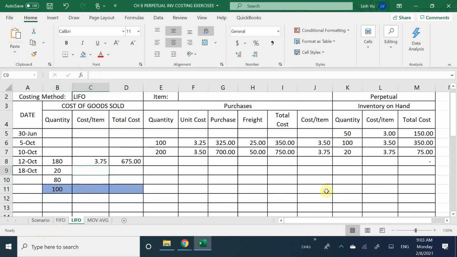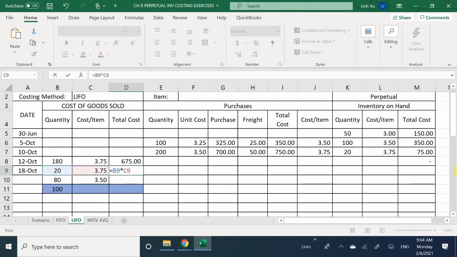Okay. So if I'm going to get rid of my whole entire 20, I'm dipping into my middle batch, or my second batch, here. And again, I'm going to multiply them across. So what is my total cost of goods sold for my second batch here for the 80 items? 280.